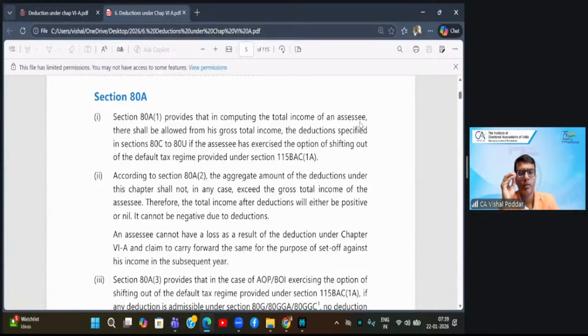So there are some deductions which are allowed only to individual HUFs, not allowed to company, firm. Like starting majority of the sections, what we are going to study, starting from 80C, they are not allowed to companies, they are not allowed to partnership firms. So first you have to check that who is the person.